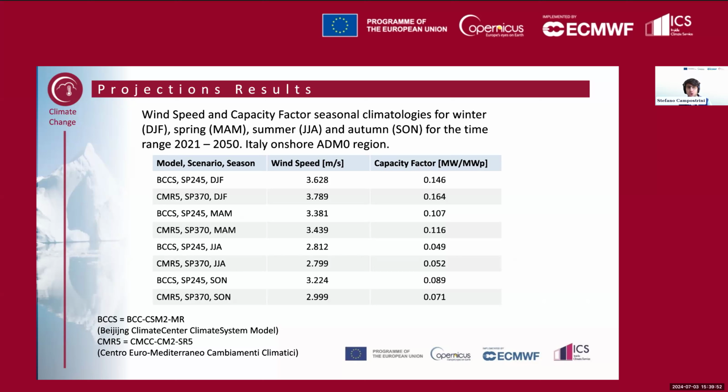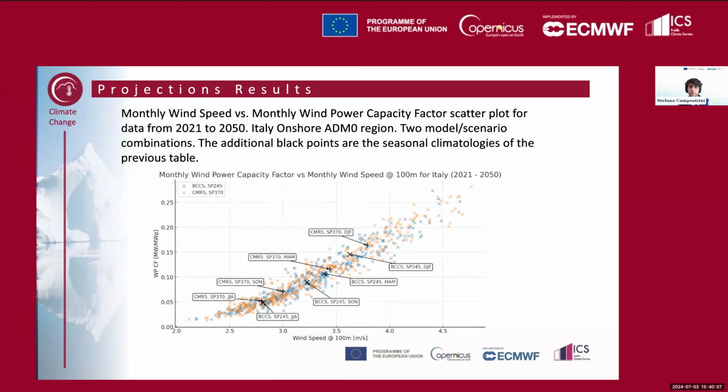So for each climatology, we have the wind speed and the capacity factor that's corresponding to it, and we can actually plot them quite well along with the monthly values for some specific model and scenario combination for Italy.